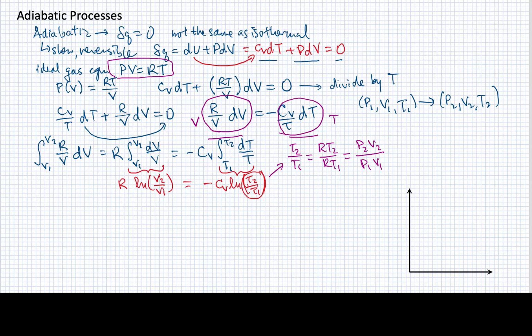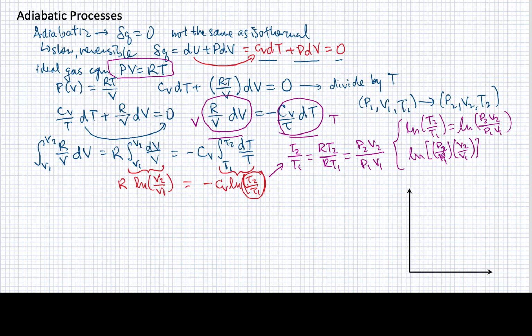Now here's the second item that I'm going to manipulate with this, and that is to say that if I have log of this ratio, log of T2 over T1, and I write this as log of P2 V2 over P1 V1, I can write this basically as log of the quantity P2 over P1 times V2 over V1.